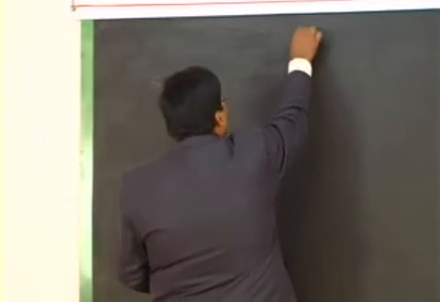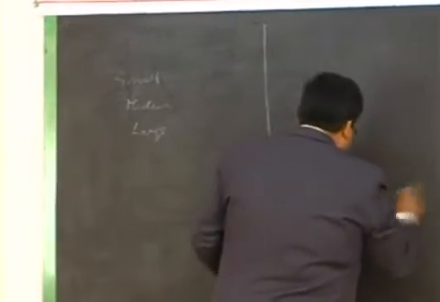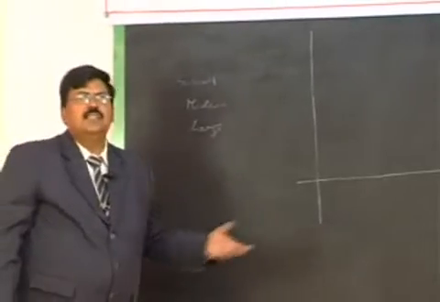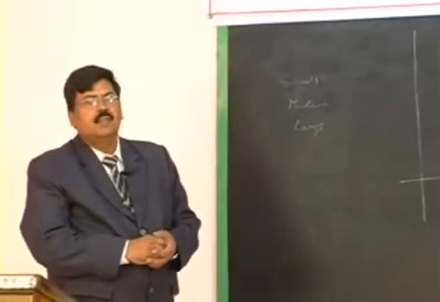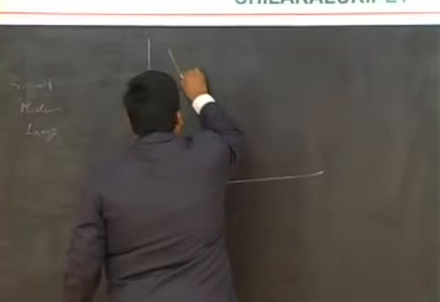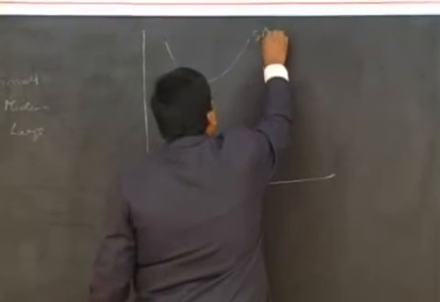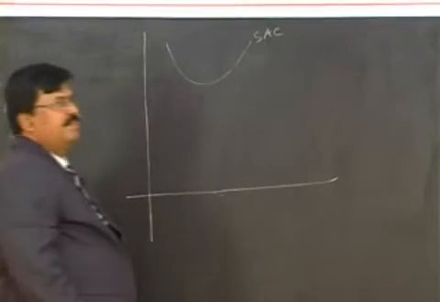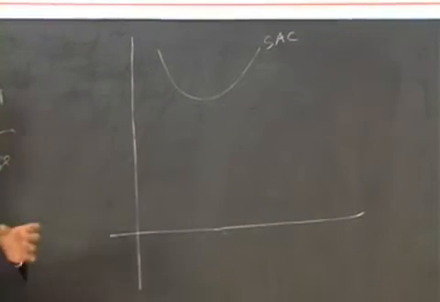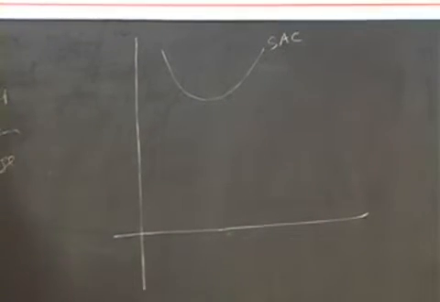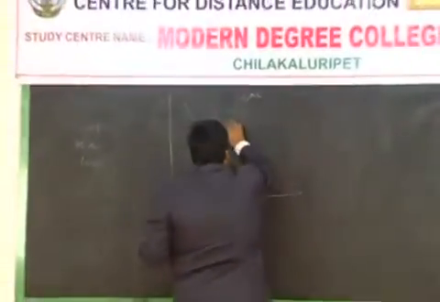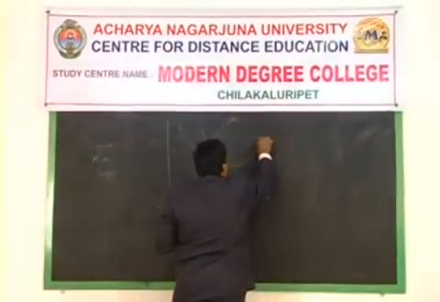Suppose you draw the short run average cost curve associated with each plant. The small sized machine gives rise to SAC1, short run average cost curve 1. And the medium sized machine, because it is more efficient and the unit cost will be less compared to the smaller one, would be like this, SAC2.